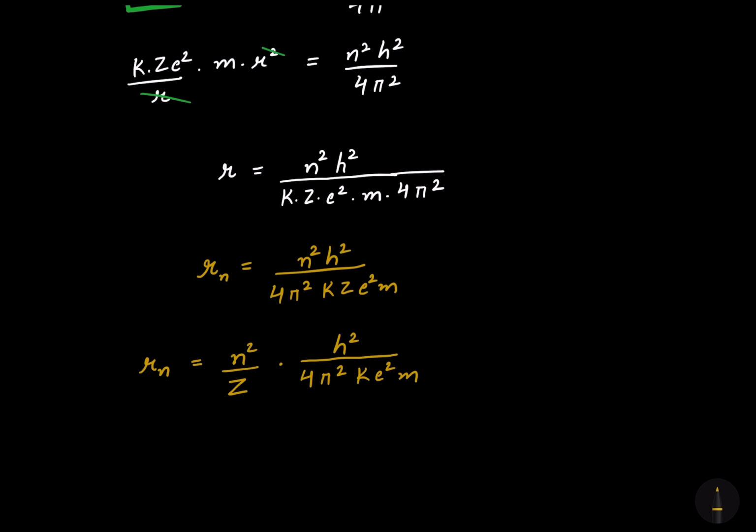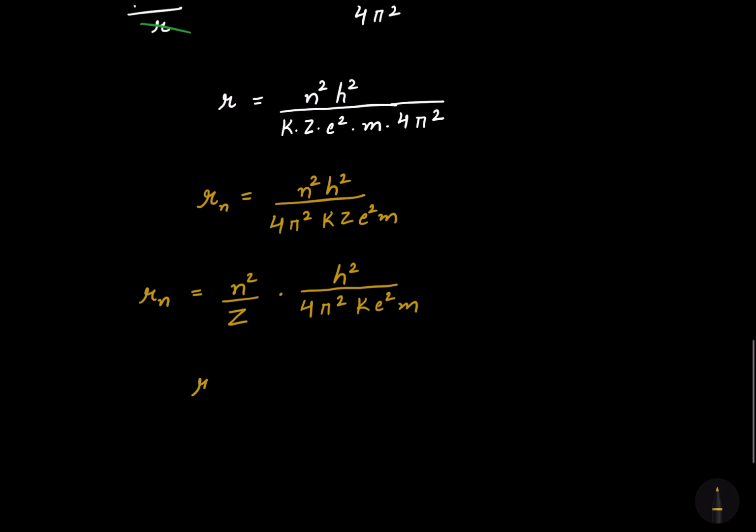From here you can observe that the radius of the nth orbit is directly proportional to n square and inversely proportional to z. As n, the orbit number, increases, the radius of the orbit will increase. It is inversely proportional to the atomic number, which stands for the number of protons in the nucleus.